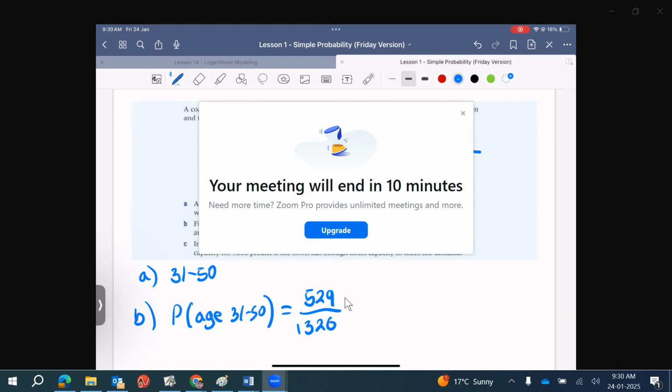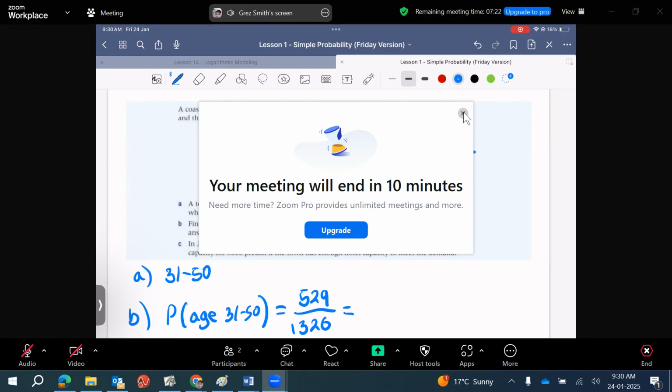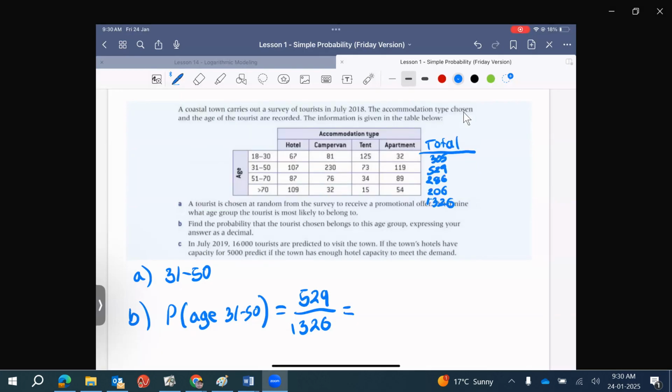Put that into our calculator. 529 divided by 1326. And expressing your answer as a decimal, you get 0.39894, round it to three significant figures. 0.399.